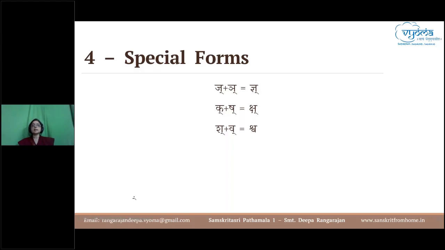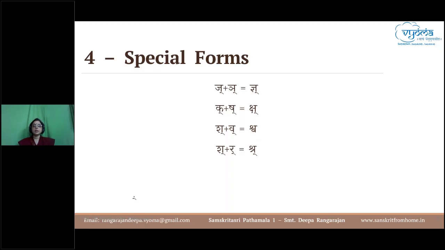Somebody had written to me asking which sh this is, because it comes in Vishwam, in Vishnu Sahasranama. We get it as Vishwam, Vishnu, right? So the first word is Vishwam, where we get sh and v, and it will be written like this. Then we get sh and r, shra.